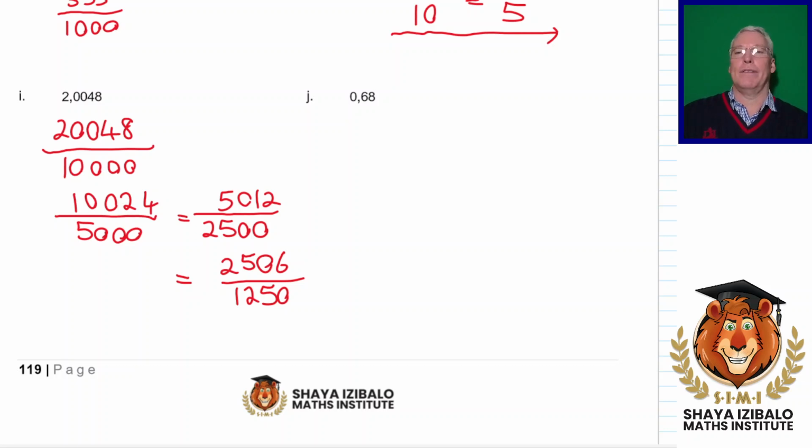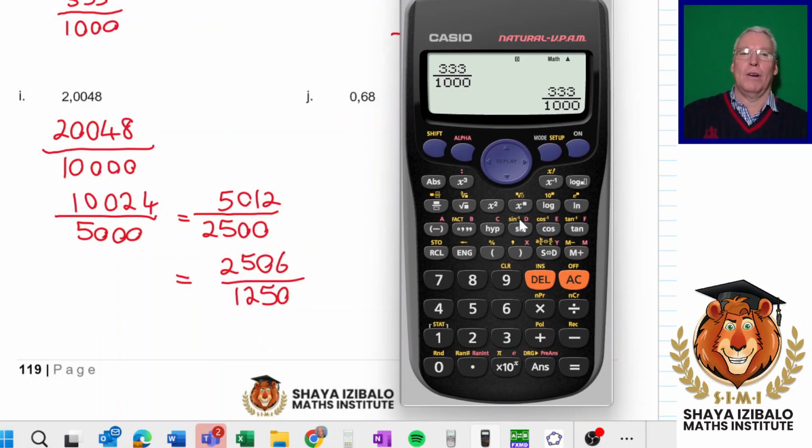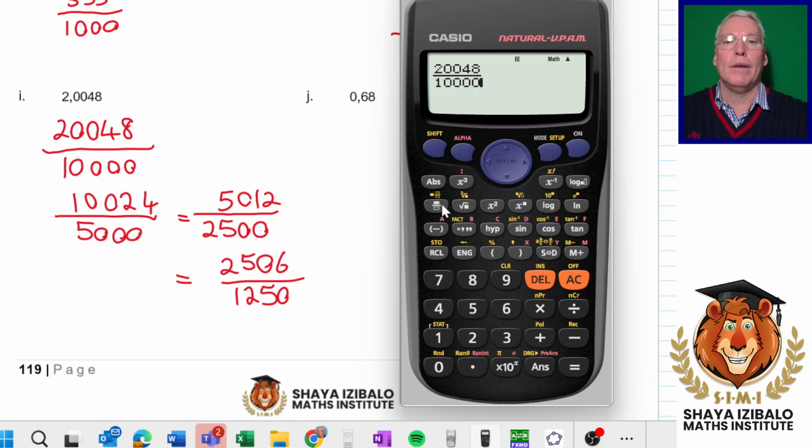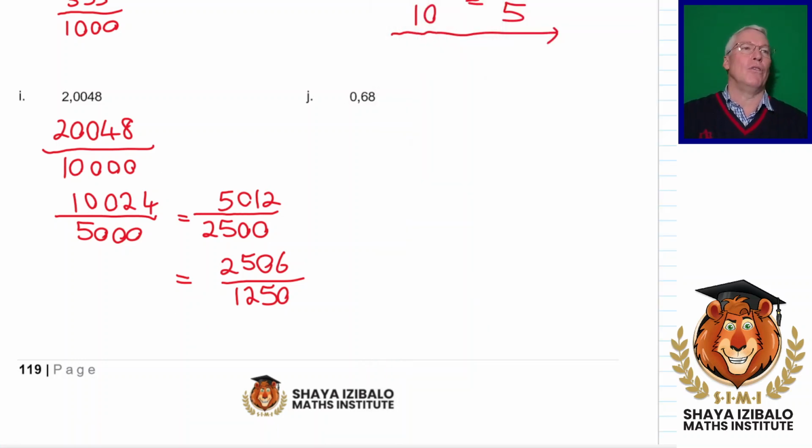Let's just actually go. We are cheating a little bit, but we're just going to see what this actually comes to. 20048 over 10,000. We don't want to spend too much time on this. Sorry, it's over 10,000. And so we get 1253 over 625. In fact, if I'd done one more division by 2, we would have got there.